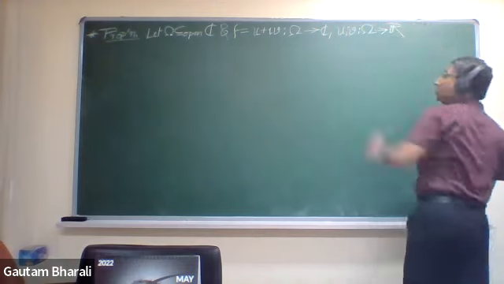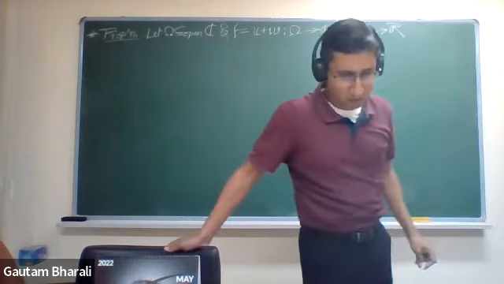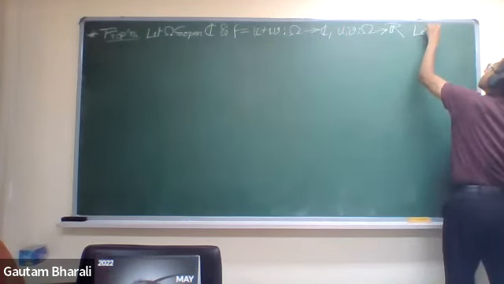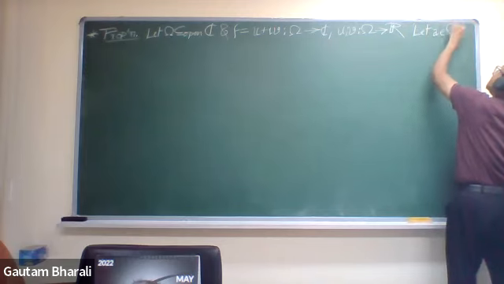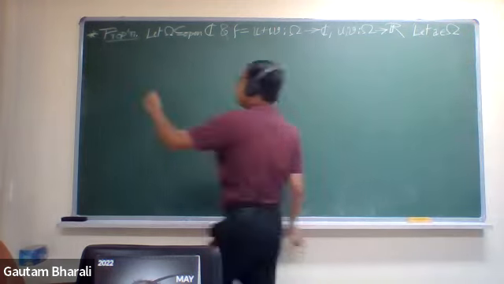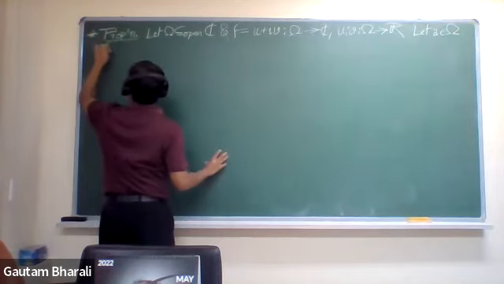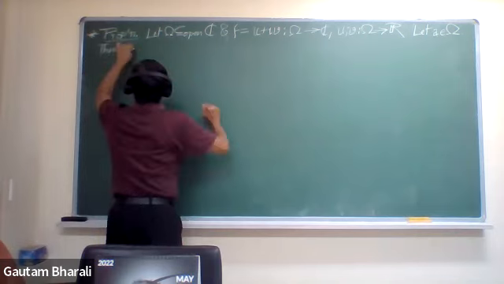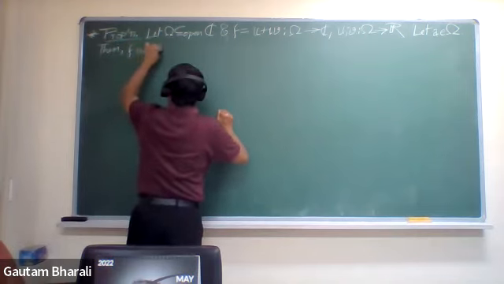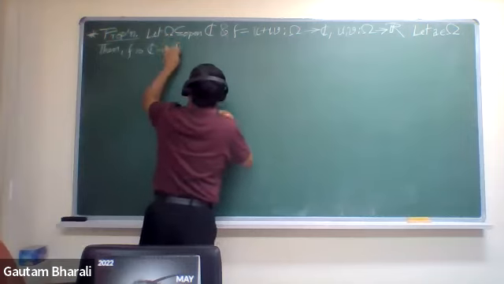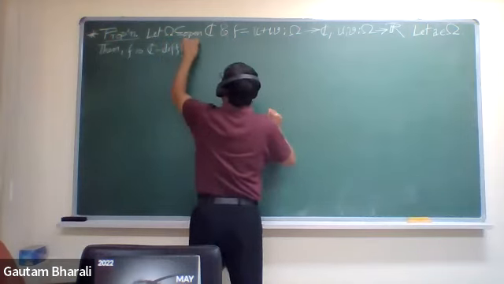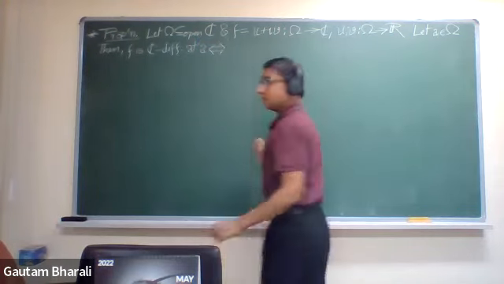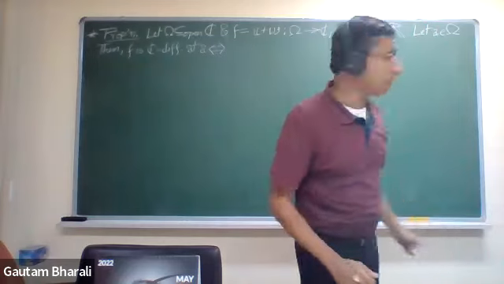So U and V are what we call the real and imaginary part. Let A be a point in omega. Then F is C differentiable at A if and only if. So let's write down an auxiliary function.